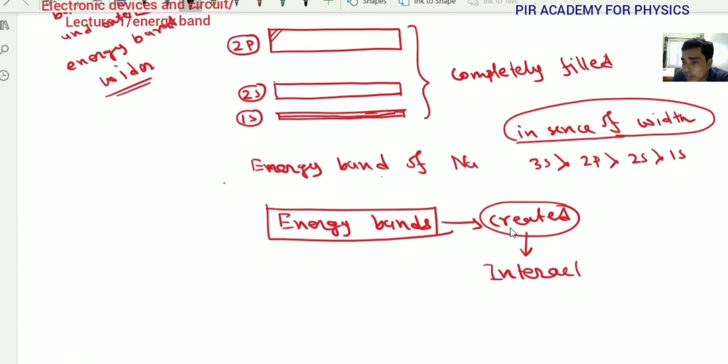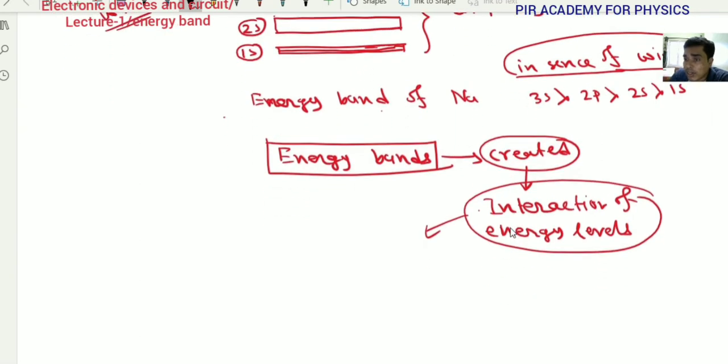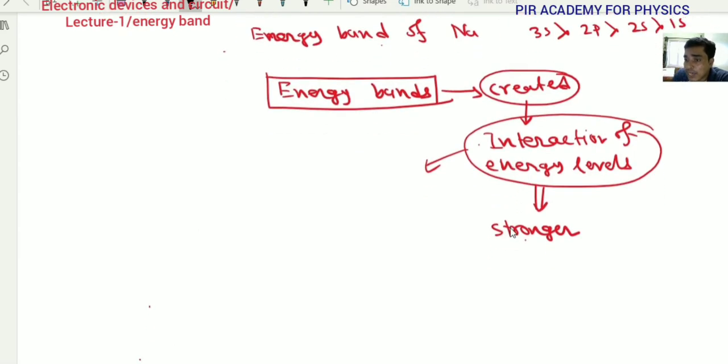This is most important: the interaction of energy levels. If this interaction is stronger, then the energy band will be wider.